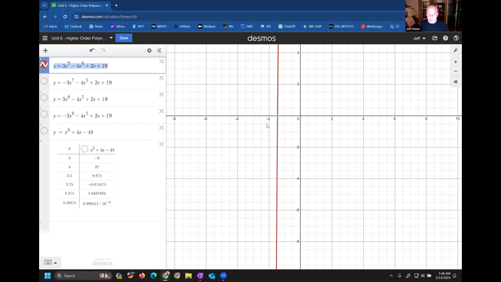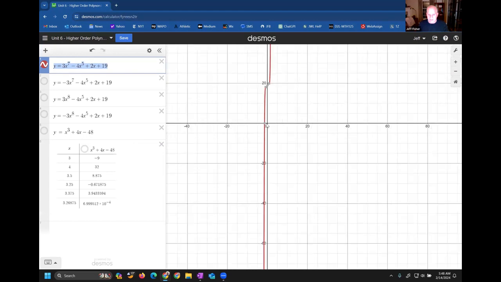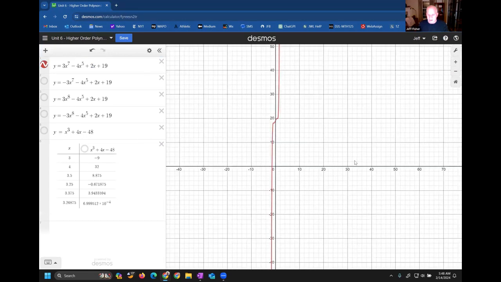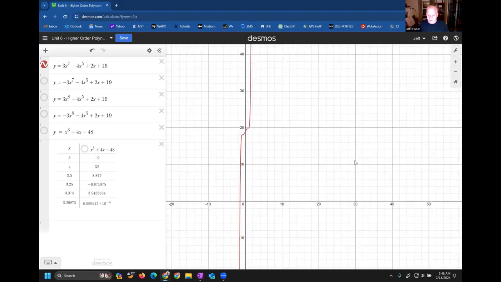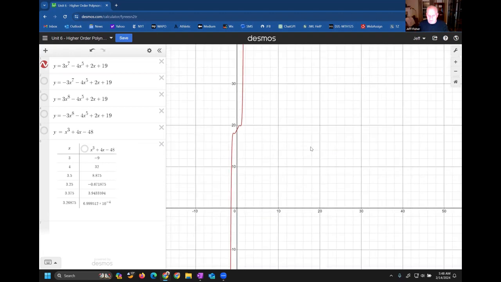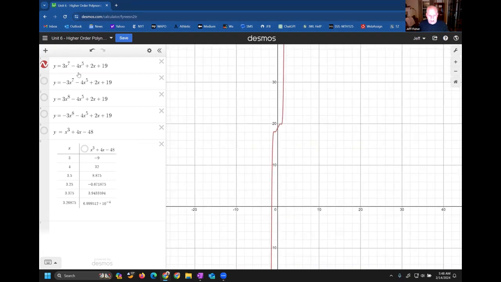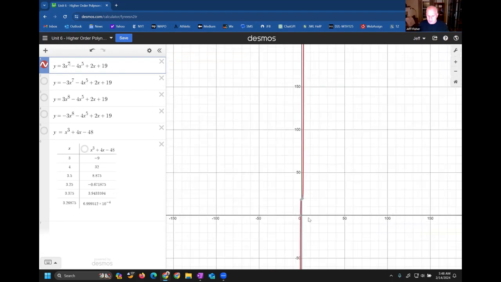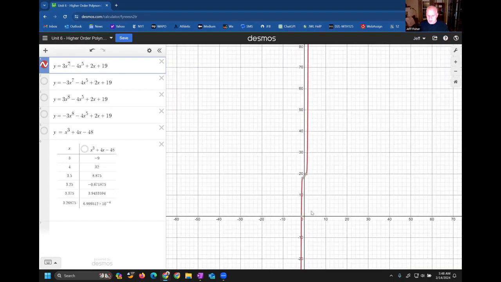On this top one, you can see the graph of this higher order polynomial of degree 7, right? This highest order term is degree 7, and it starts and comes up from the left, and it goes up to the right.